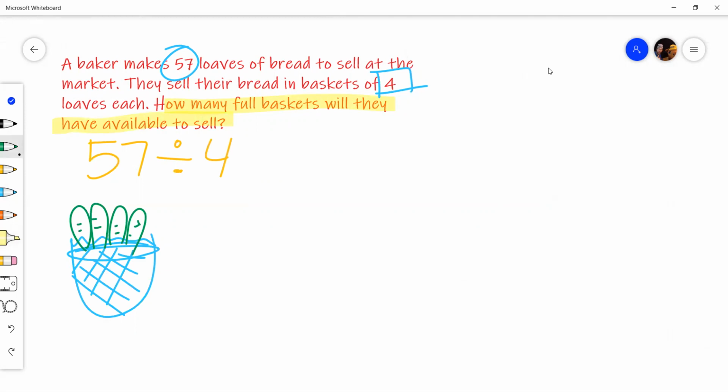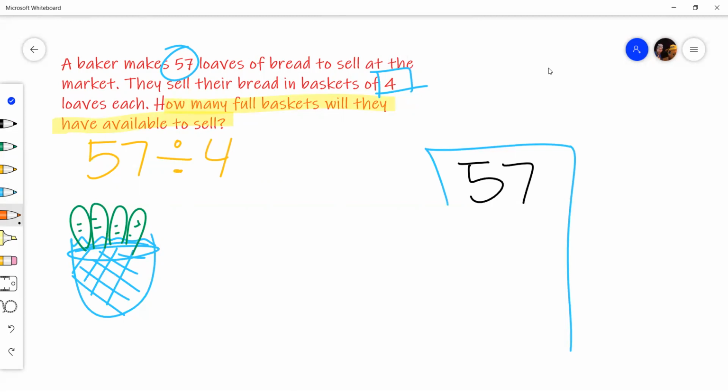Okay, cool. So first off, let's just do the math. Let's solve what is 57 divided by 4. So we're going to take 57 and put it into that big 7, even though I always hesitate to use that term. It's just a graphic organizer. We're going to divide it by groups of 4. So how many groups of 4 can we make with 57?